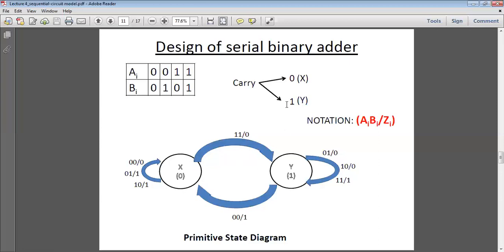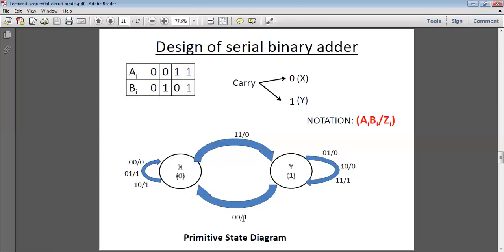Now next, when you consider the carry is 1, the same procedure we follow, 0 plus 0 plus carry 1 is 1. So the result is 1 and the carry is 0, so it will go to carry 0 here.